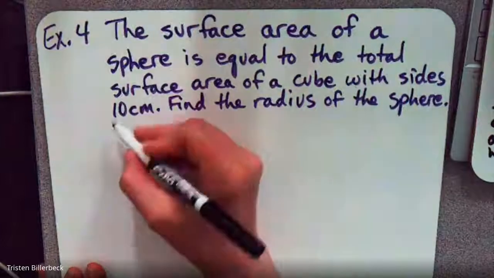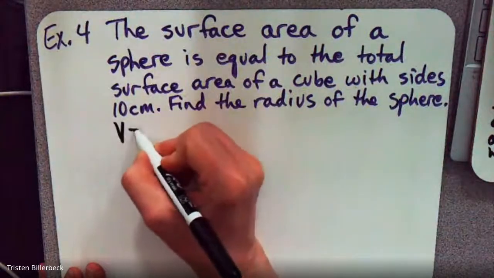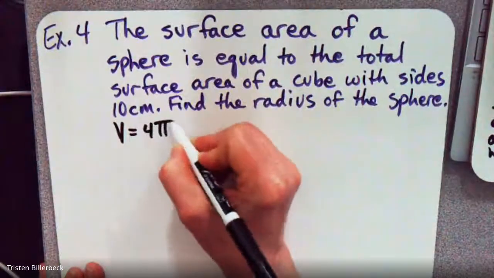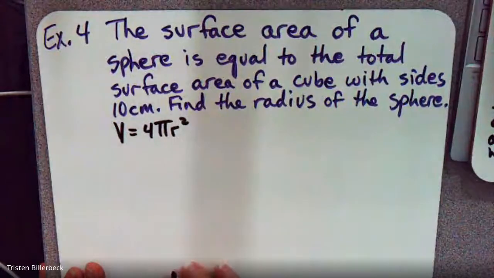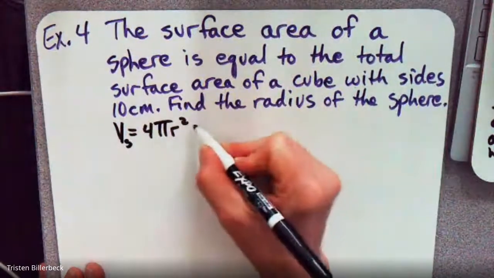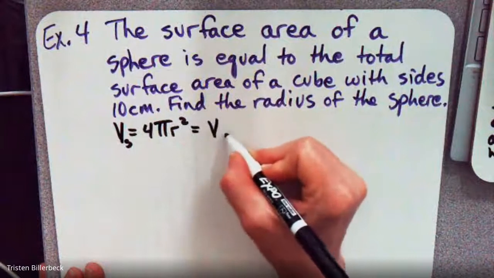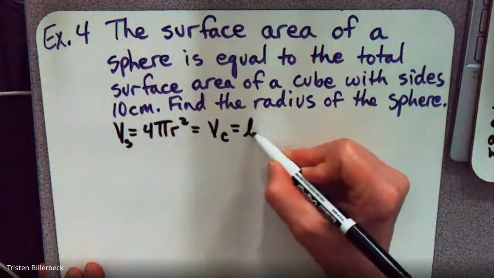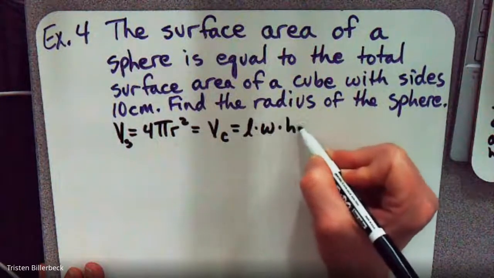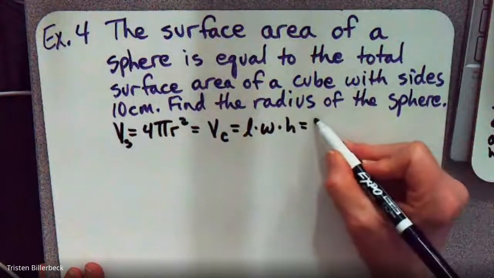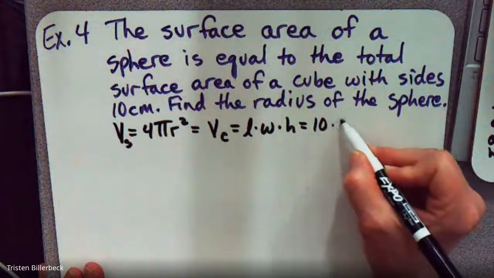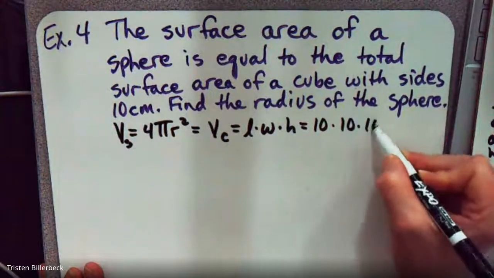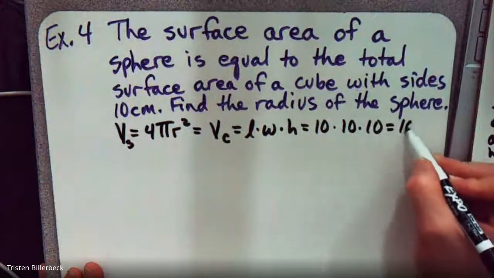So we have the surface area of a sphere, 4 pi r squared, which is somehow going to be equal to the volume of a cube, which is length times width times height, but they're all 10. So that's 10 times 10 times 10, which is 1,000.